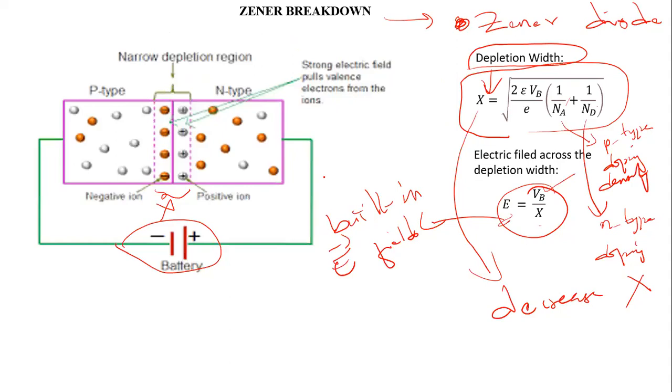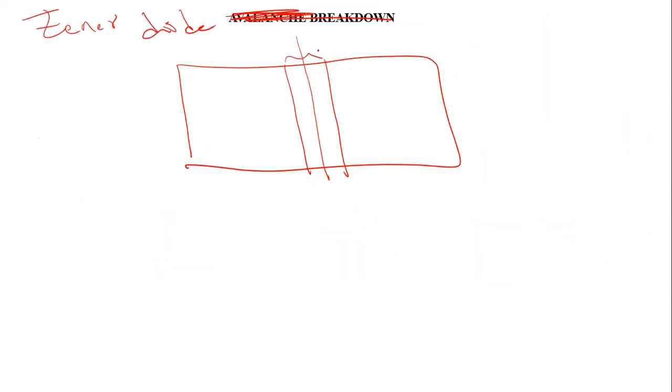Okay, so here, let's say you have designed a Zener diode where you have a large doping concentration and the depletion width X is small.